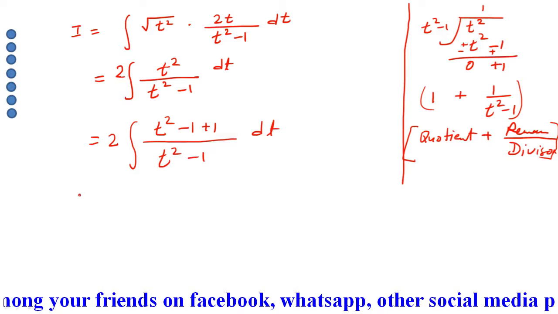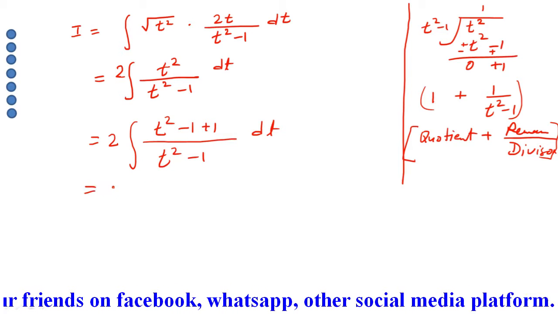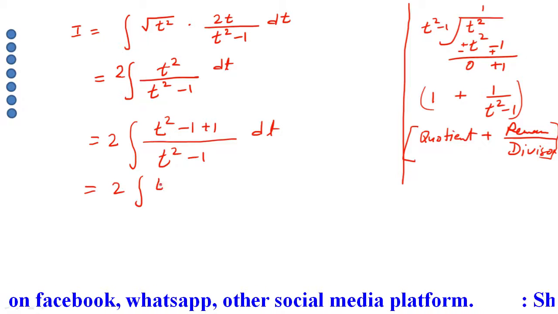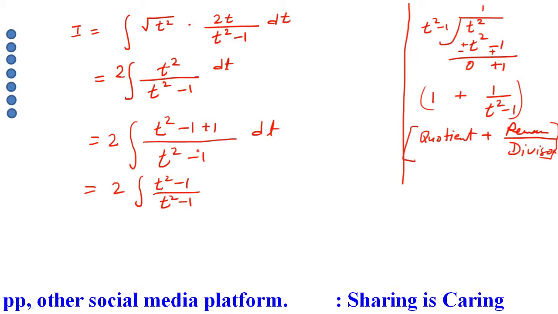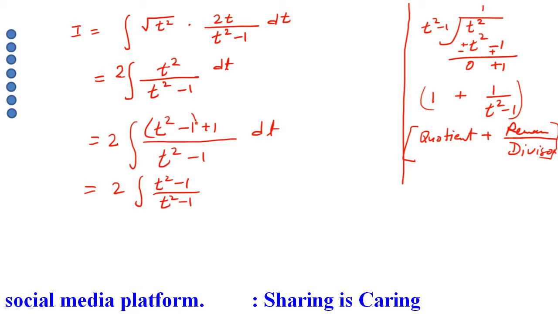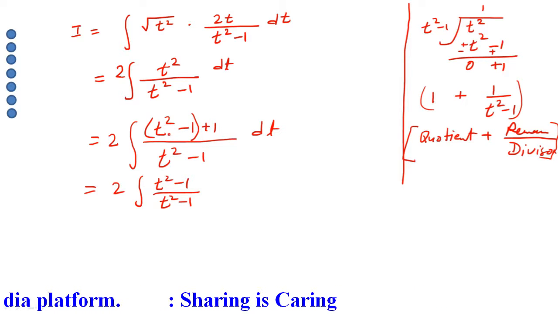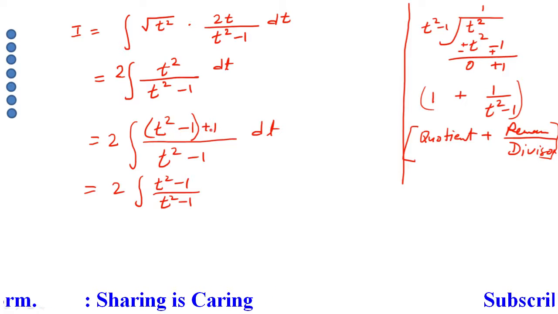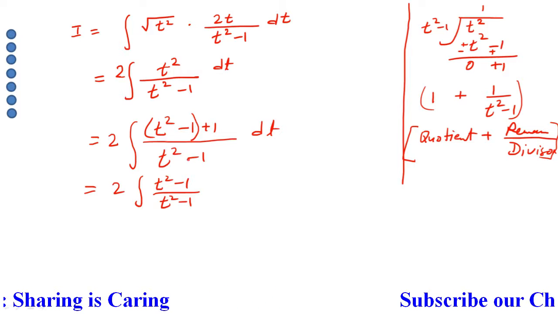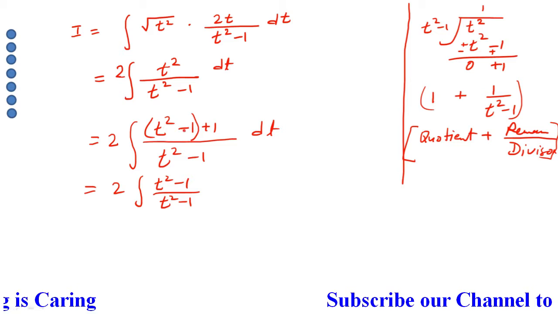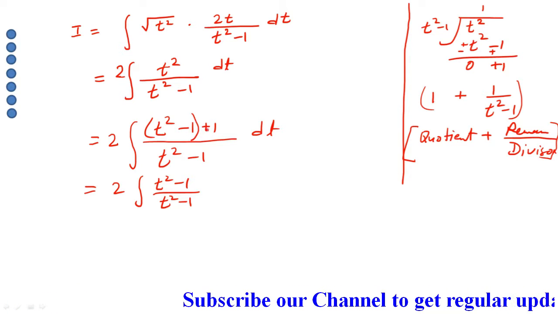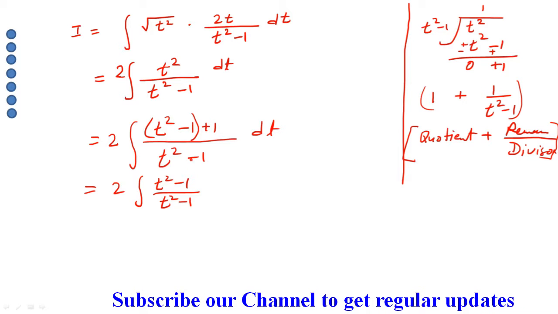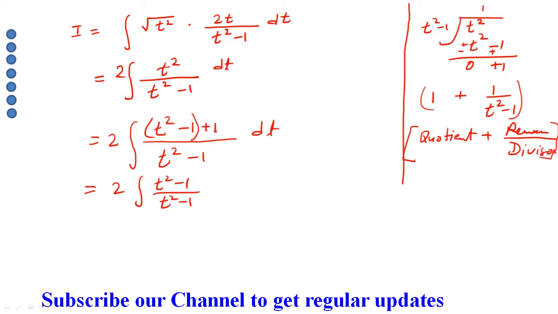Now when we separate them, we are going to get here integration of t square minus 1 upon t square minus 1, because I am going to assume them as two terms. The first term is t square minus 1, the second term is 1. Because we want minus 1 here, you just write minus 1 here. Since you are doing minus 1, just do plus 1 also, so that it is balanced.